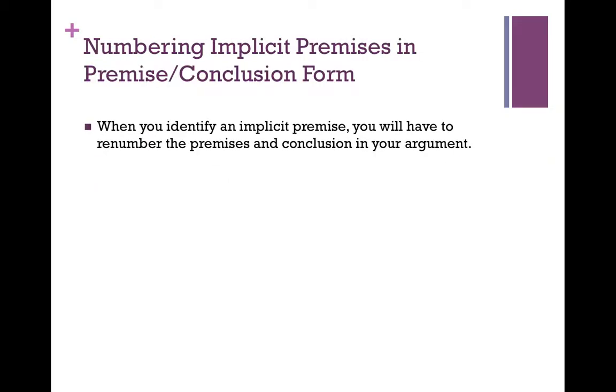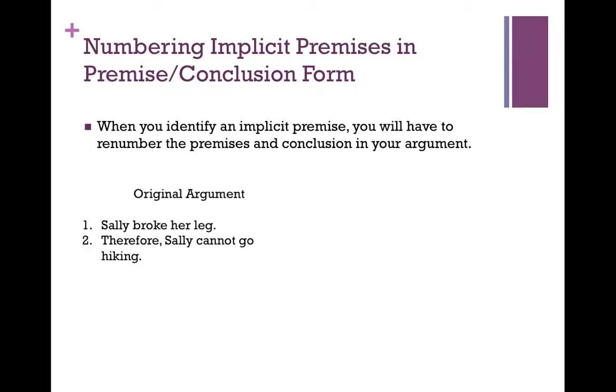Now, you've probably observed this already, but I do want to make another point with respect to numbering or putting your arguments into premise conclusion form. That point is that whenever you identify an implicit premise, you are probably, in almost all cases, going to have to renumber your original argument.